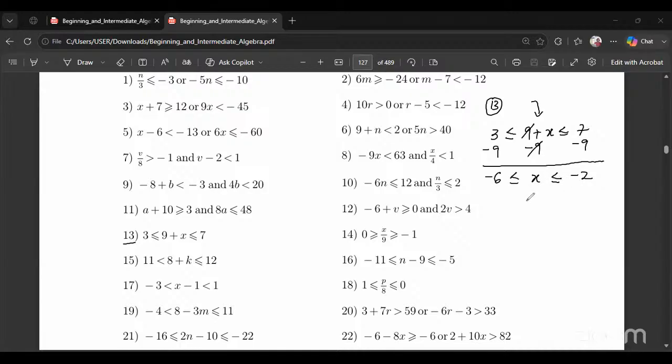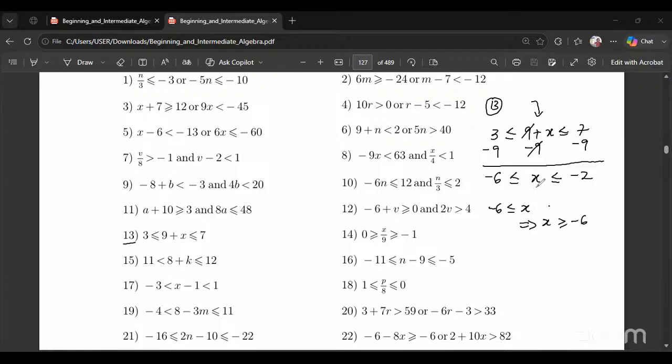So usually, you can still go ahead and split up this inequality, like saying negative 6 less than or equal to x. I like to make the x come first, so you can rewrite this as x is greater than or equal to negative 6.